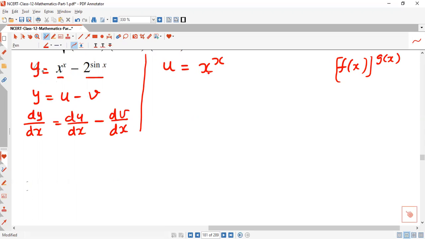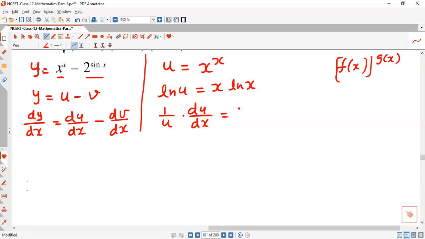Take the log on both sides: log u equal to x times log x. Taking the differentiation, we get 1 upon u du by dx will be equal to the derivative of x log x. X is the first term, this is a product, so we use the product formula for the differentiation.